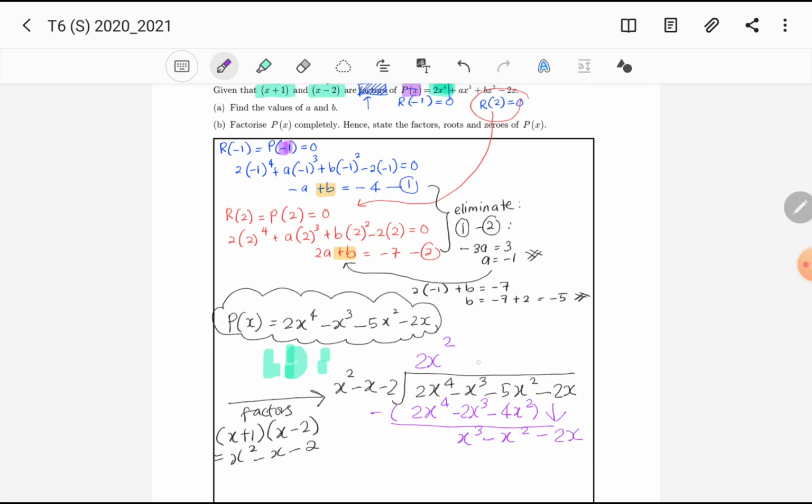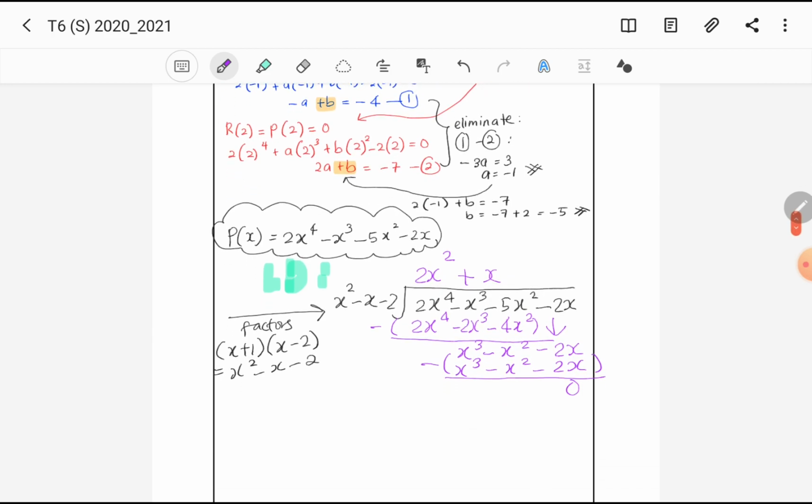Okay, the next term on the top is plus x. So you akan dapat, bila you multiply by the divisor, you akan dapat x cubed minus x squared minus 2x. Okay, and as expected lah, remainder will be 0.